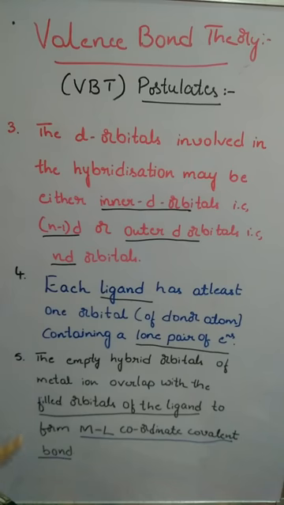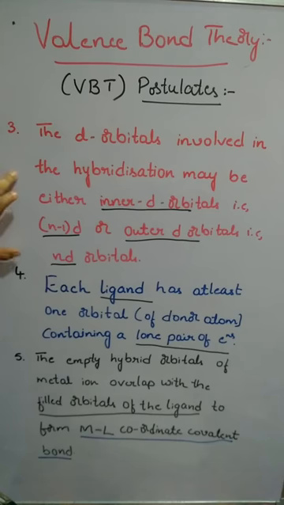All these are the postulates according to VBT. The first two we have already studied: the number of empty orbitals of the metal is equal to the coordination number. Next is hybridization, which leads to equal energy orbitals, giving rise to a definite geometry.